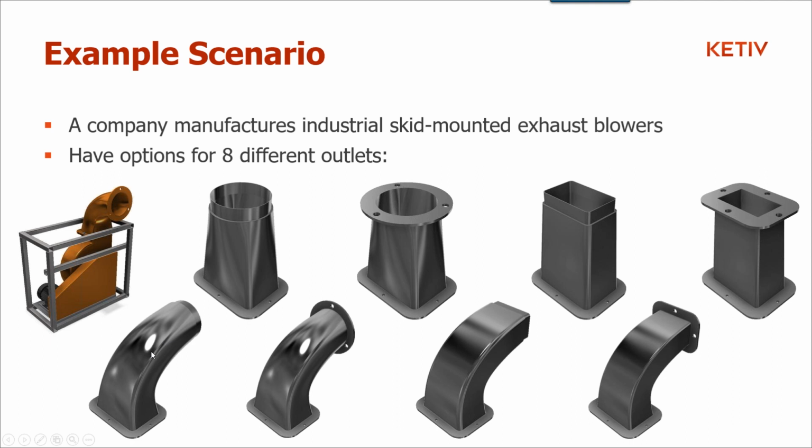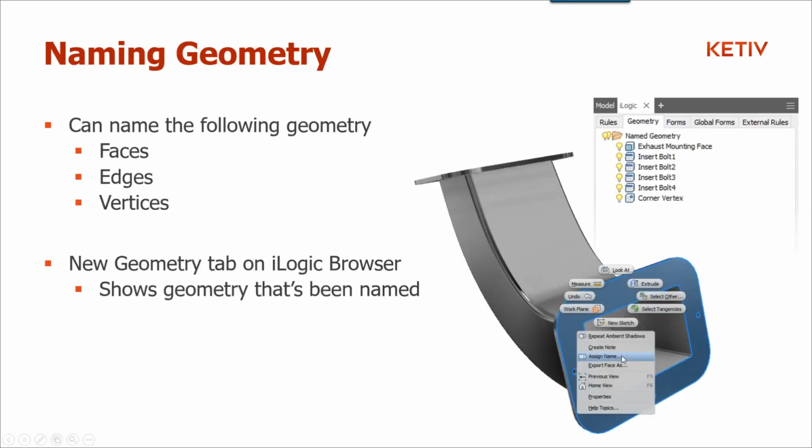Their last option is they can have it elbow, or they can have it straight. So basically, we're going to give the user 3 different options, and based on which combination of those 3 options they pick, we're going to go out and pick up the right part and load it right here so that they have the right outlet in their specific blower.